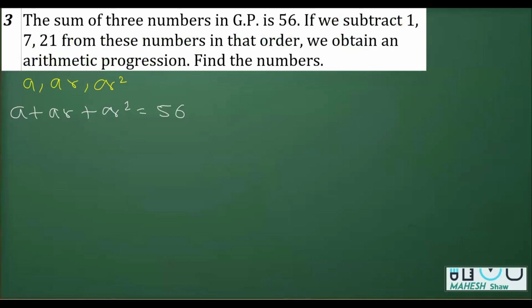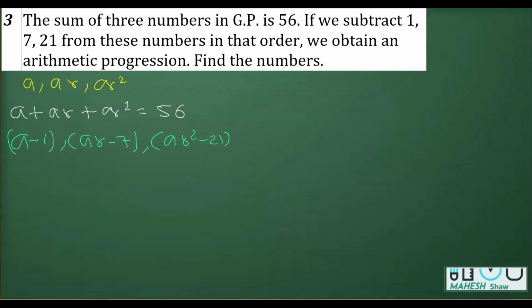That means it says to subtract 1 from the first, 7 from the second, and 21 from the third. So this becomes an AP, an arithmetic progression.